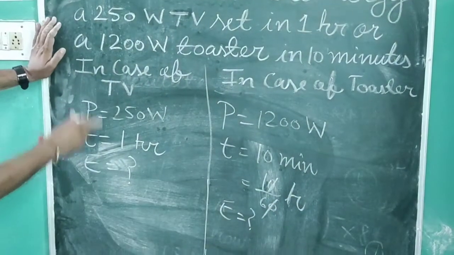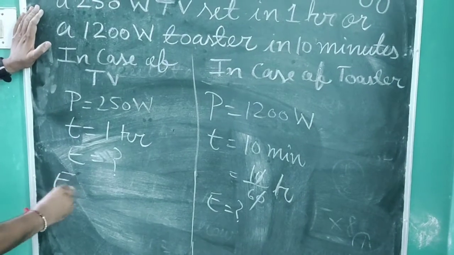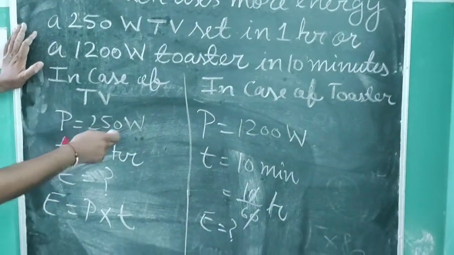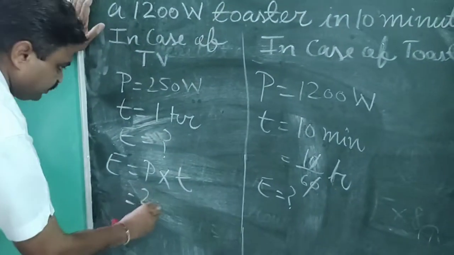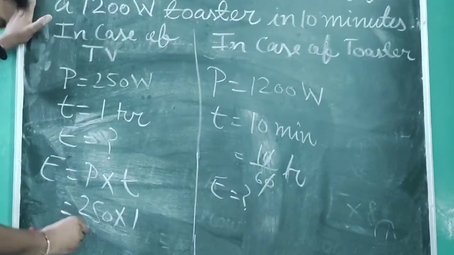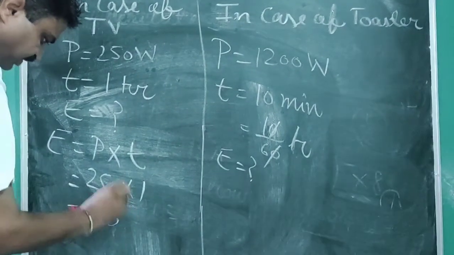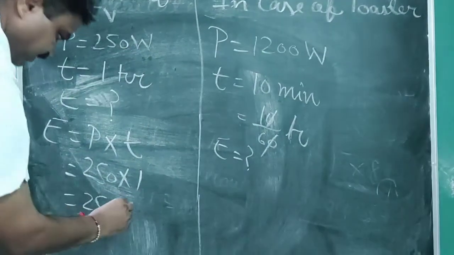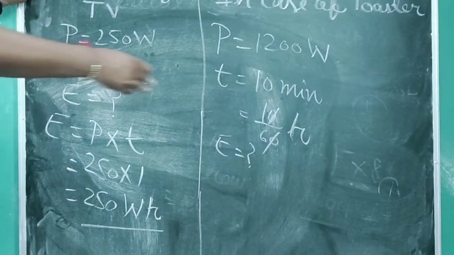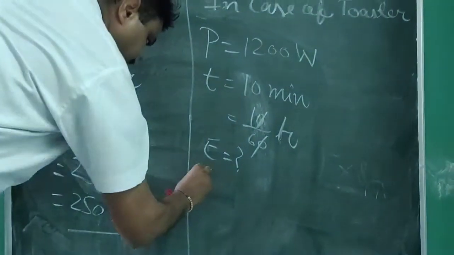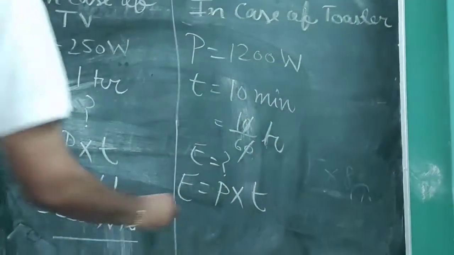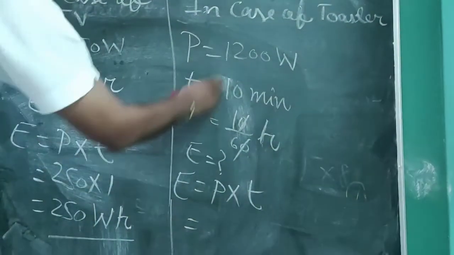First we will solve this. The energy consumed formula is P into T. So now you multiply it, 250 multiplied by 1. So here the energy consumed is 250 watt hour. In this case, energy consumed, again the same formula you will use, and in this what is power?